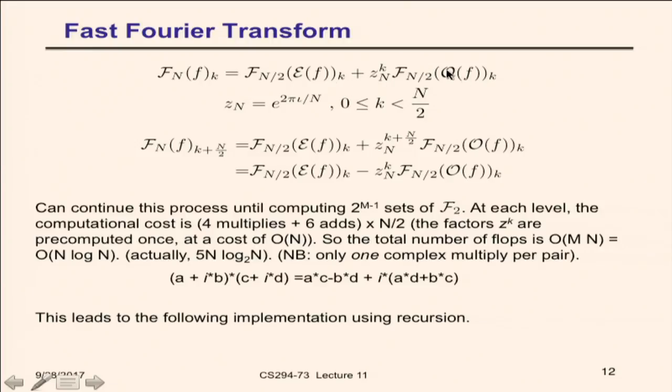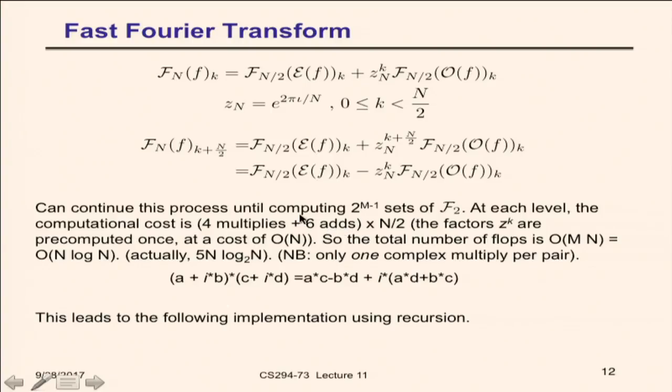For a given k, it's going to be easy to see that for the k's for the n over 2 guys, you will use these values exactly twice, just for this one and for that one. So it's a very compact data movement, at least in one respect.